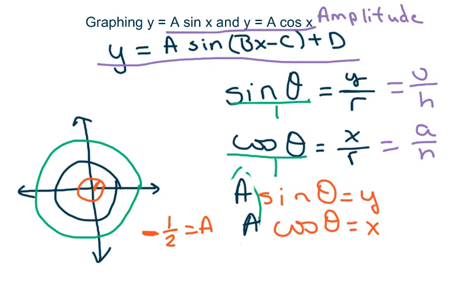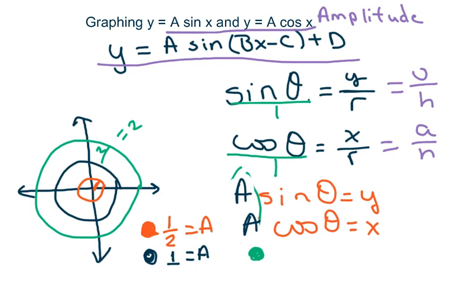The black one is my parent function with the radius of 1, which equals our amplitude. And the green one, the radius equals 2.